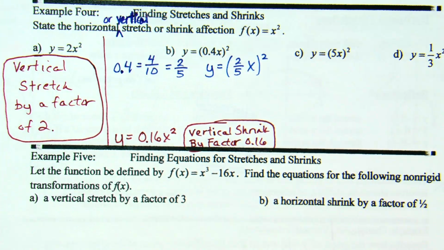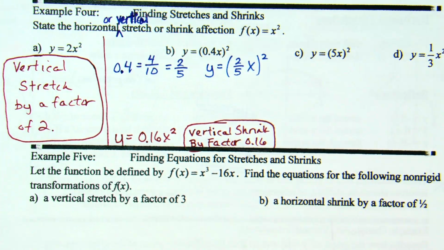Now, multiplying by 2/5 is the same as dividing by what number? Multiplying by the fraction 2/5 is the same as dividing by what fraction?